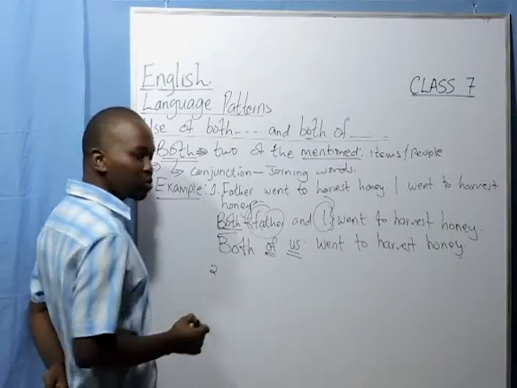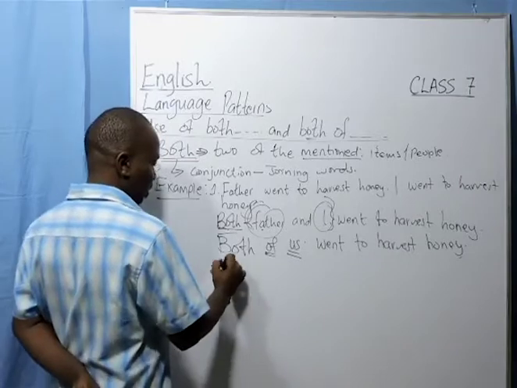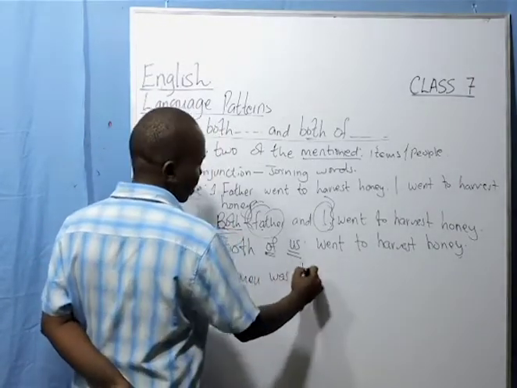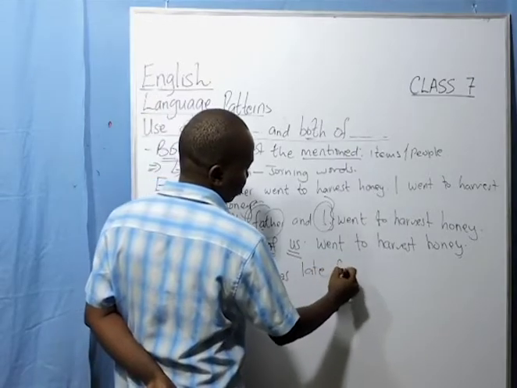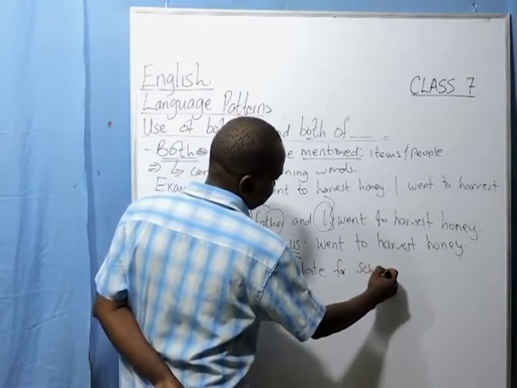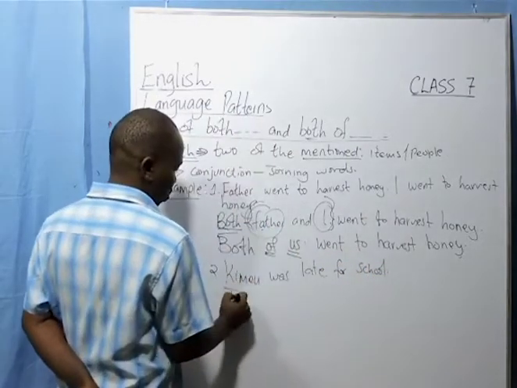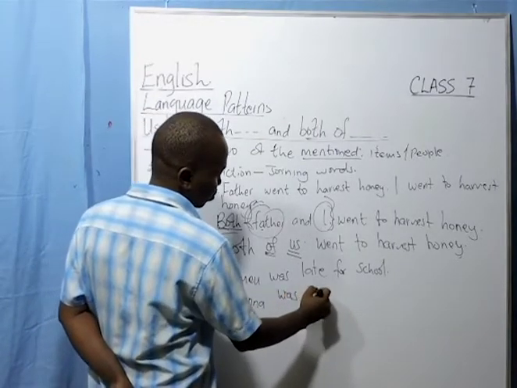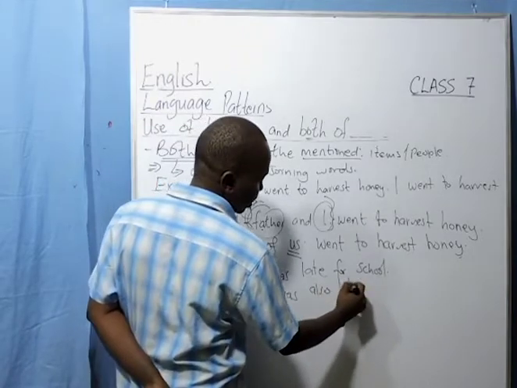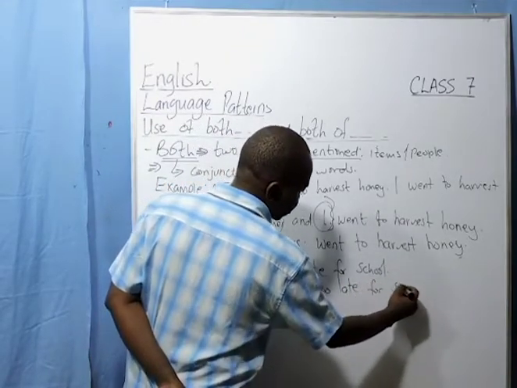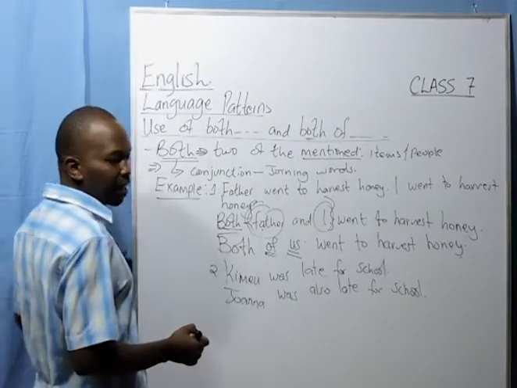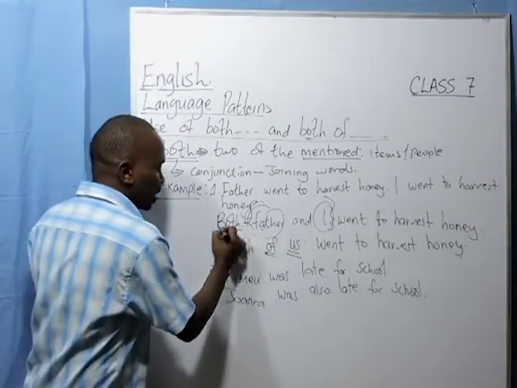Number two, you can also have another example. Kimeu was late for school. Joanna was also late for school. So let's put those two sentences together using the learned words.